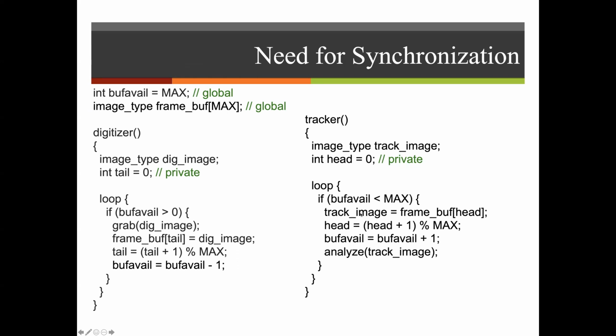It sets the image that is being tracked, it updates the head, and then buff available is set for it, and the image is then analyzed. And so what is going on between both of these two processes and what information is being shared?